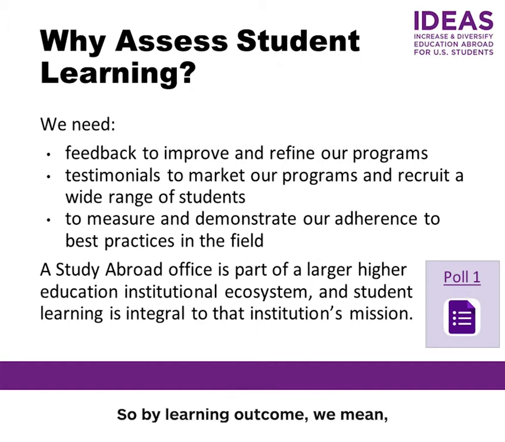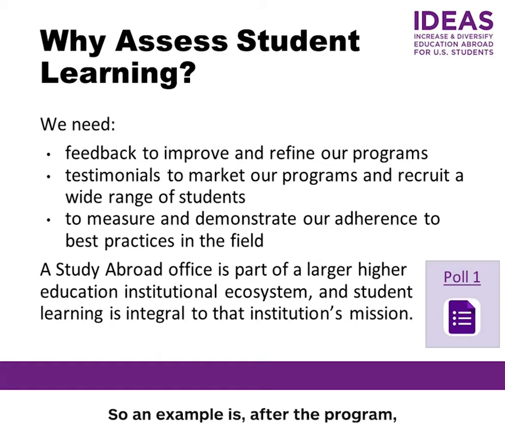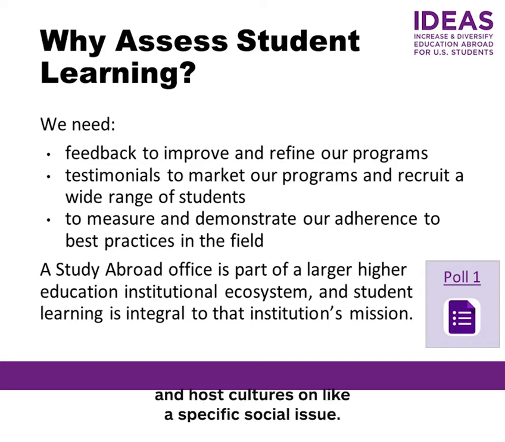By learning outcome, we mean what a student should know and demonstrate and or be able to do after the completion of the program. An example is after the program, the student is able to analyze and write about differing perspectives of their home and host cultures on a specific social issue.